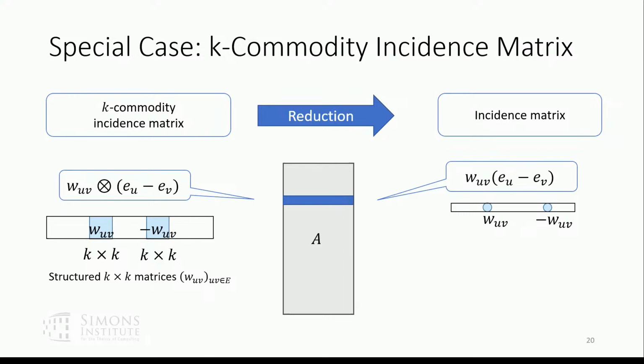Now, a K-commodity incidence matrix is this thing generalized, but your edge weights are not numbers anymore. The edge weights that you have are actually small K by K matrices. So I'm saying here, okay, for every edge, I have a block of K rows, and it contains a block that is some weight matrix W and a negated weight matrix W.